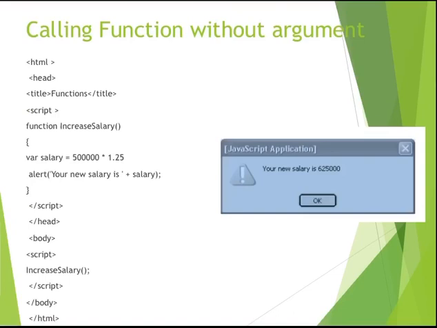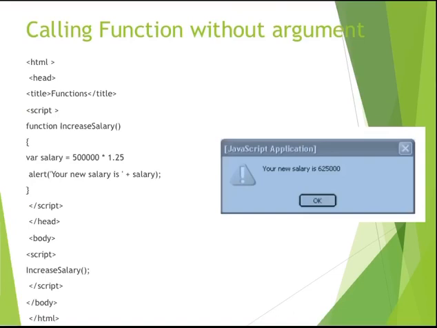Here the function name is increaseSalary. You can give any name to your function. Then open the curly bracket and write the definition of the function. Here we have declared one variable, salary, equal to 5 lakhs into 1.25.